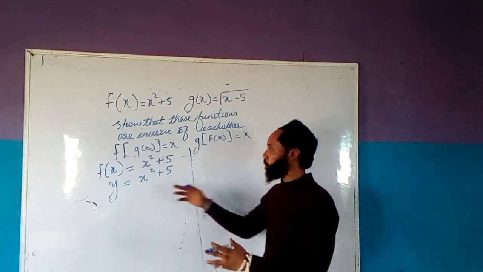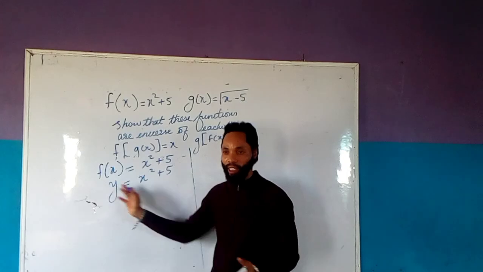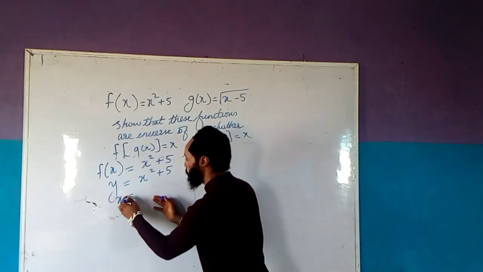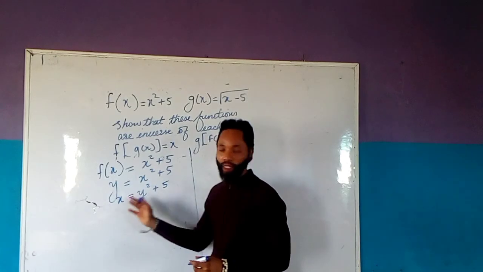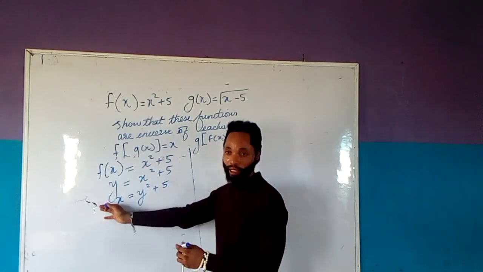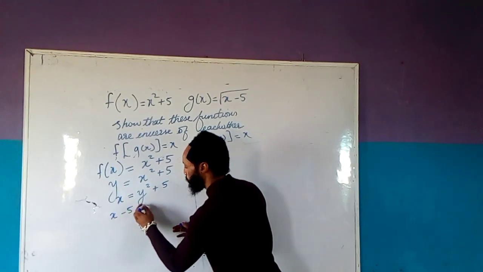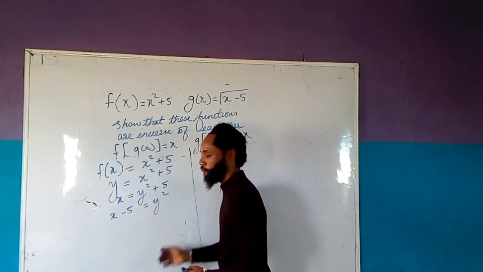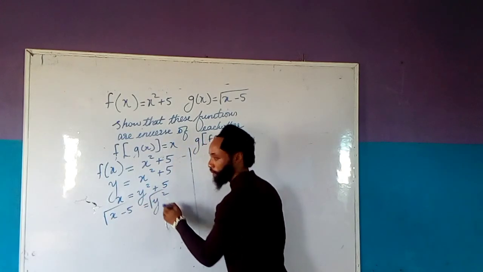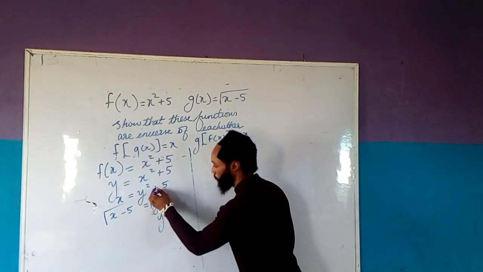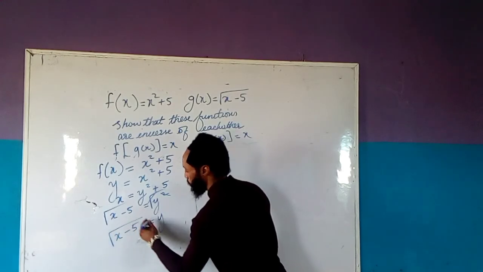Now switch position for x and y, we're going to get x equals y squared plus 5. What we do next is take 5 to the other side, because we want to make y the subject. We have x minus 5 equals y squared. The next thing is to take the square root of both sides, so that y equals the square root of x minus 5.